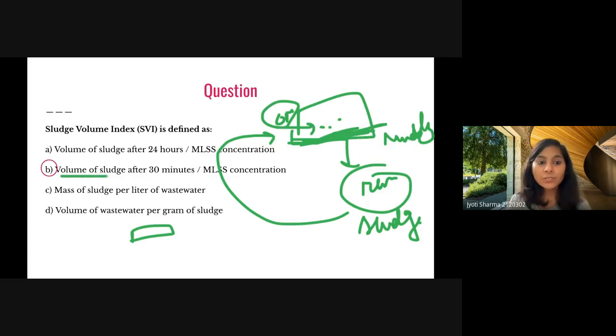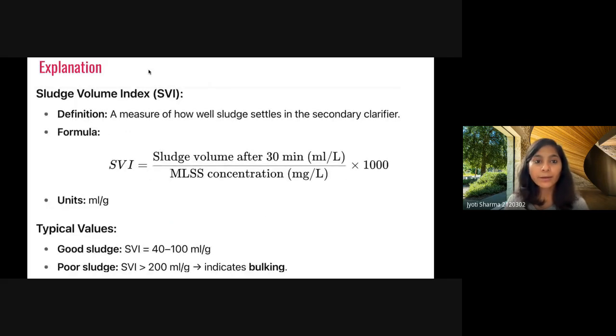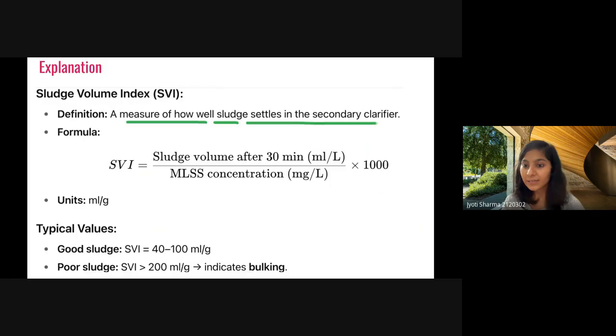So how much volume of sludge we will have after 30 minutes upon MLSS concentration. So how much concentration we had of microorganisms in the liquid. So that's how the B answer will be the right one. So sludge volume index is a measure of how well sludge settles in the secondary clarifiers.